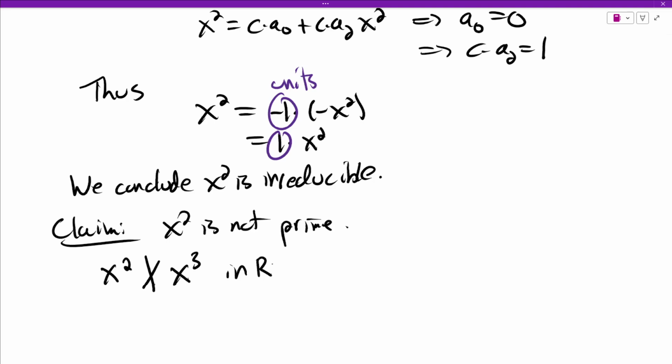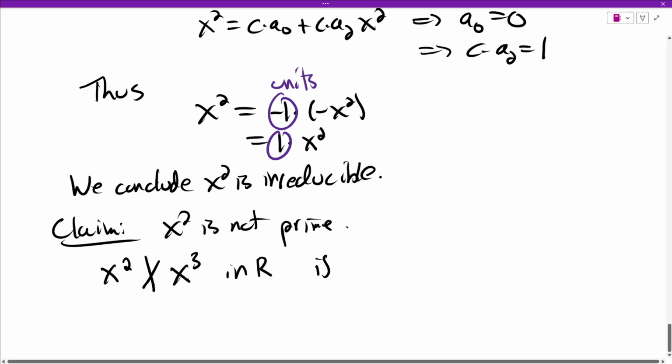We're not allowed linear terms. And the reason why this doesn't work is because if it were true, then x cubed is x squared times some polynomial.